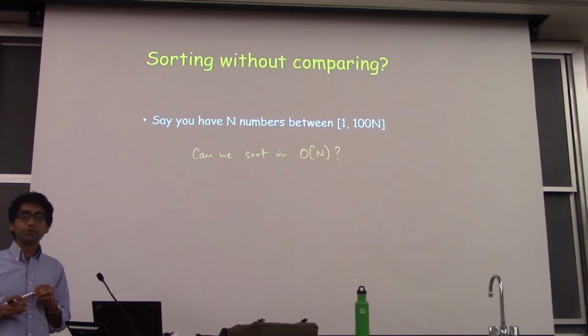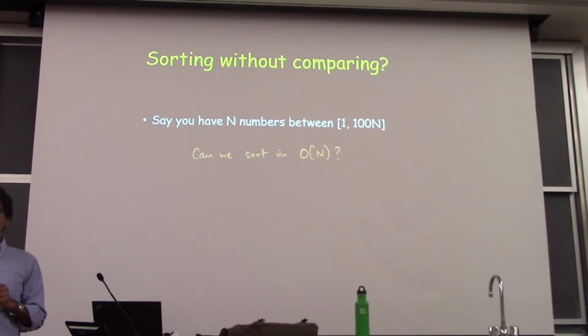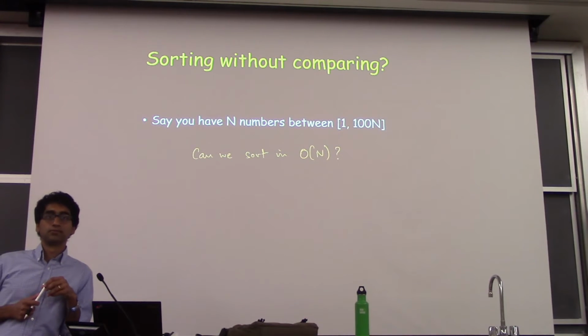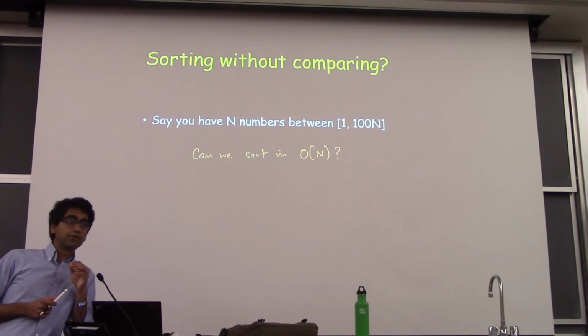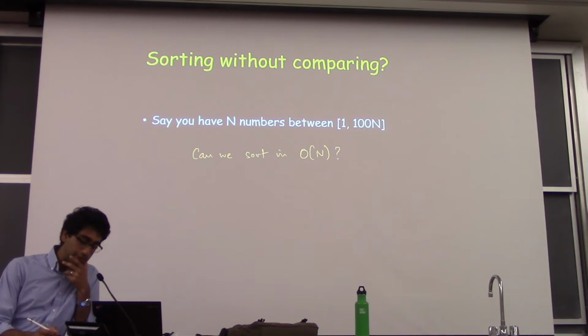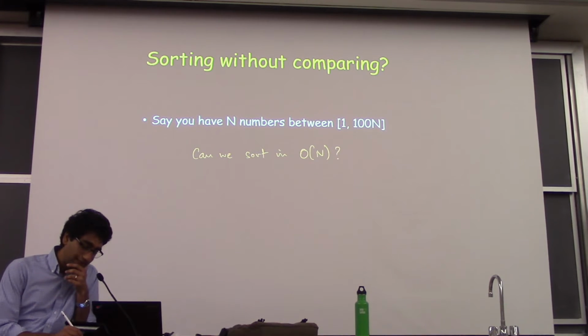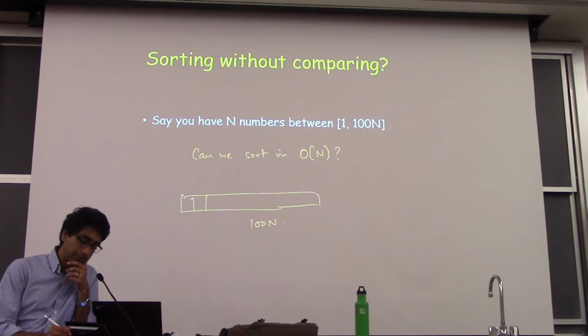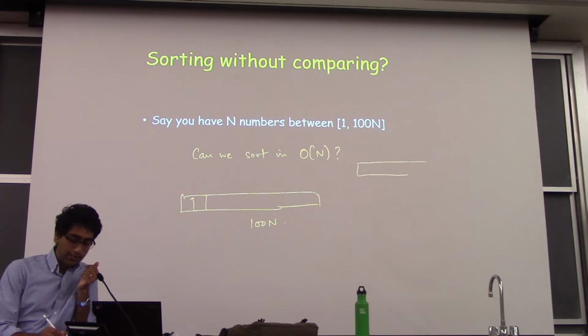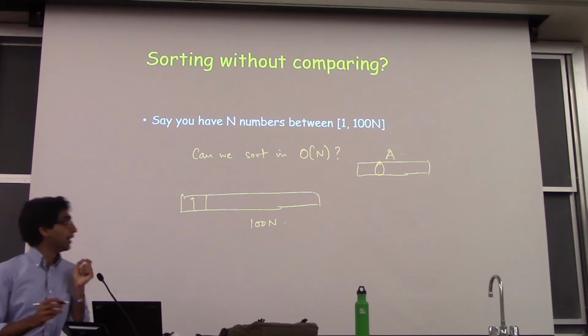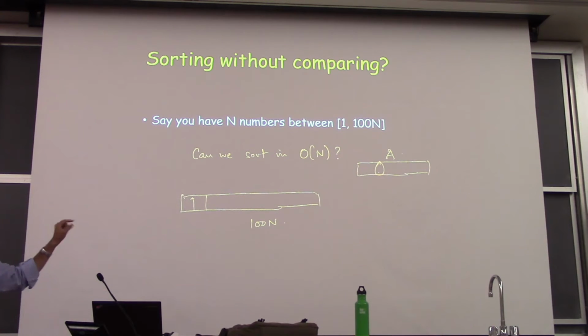Yeah, any hints? How would we go about solving this? Basically, you just need to count the number of occurrences of each element. Right. So one simple thing could be, you have a different array that's of size 100n. And now you can go through the original array A, and you can say, I know that this entry lies between 1 and 100n.